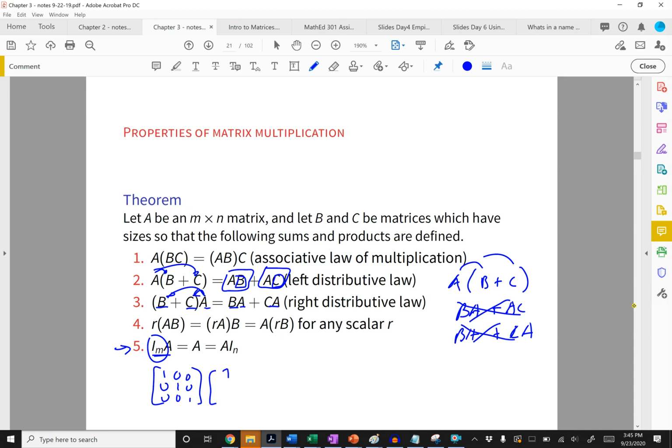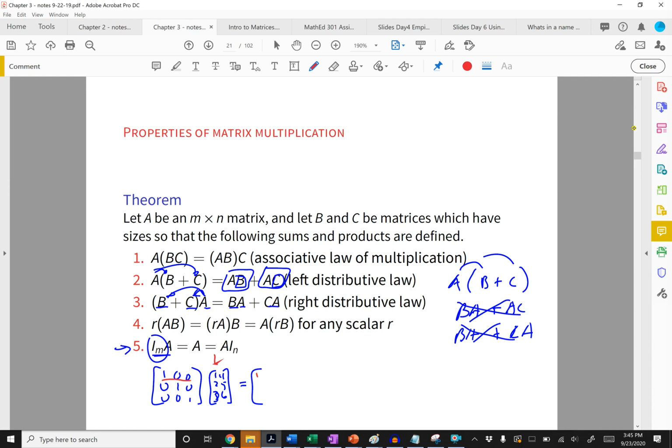So if I have the matrix 1, 2, 3, 4, 5, 6 and I'm multiplying on the left, I get a 3 by 3 matrix. I take the first row times the first column: 1 times 1 plus 0 times 0 plus 0 times 0, I just end up with 1.